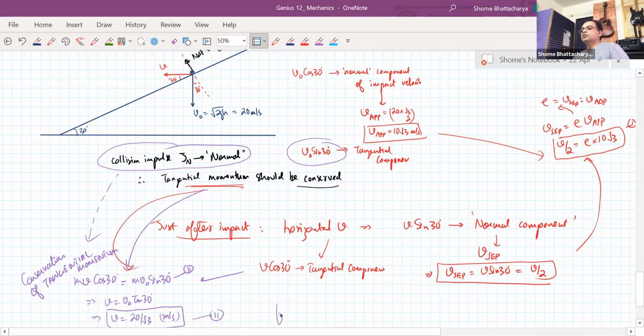From equation 1, I'll get the coefficient of restitution as V by 20 root 3. So V is 20 by root 3. So as you worked out correctly, Ganesh, E is this. And the horizontal velocity just after impact we've already calculated. It's 20 by root 3 meters per second.